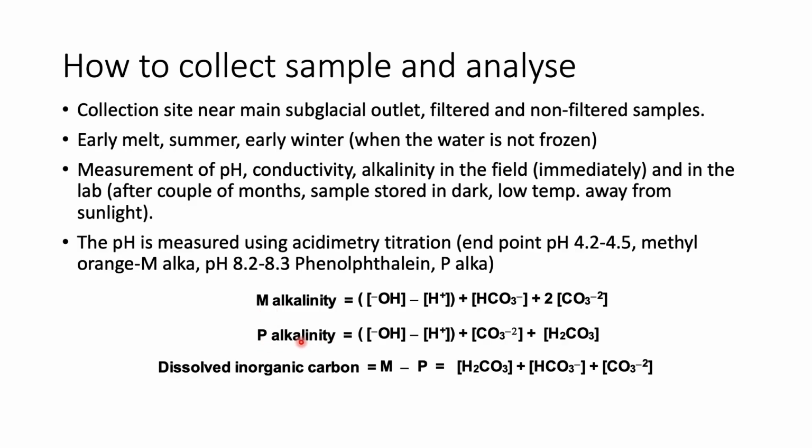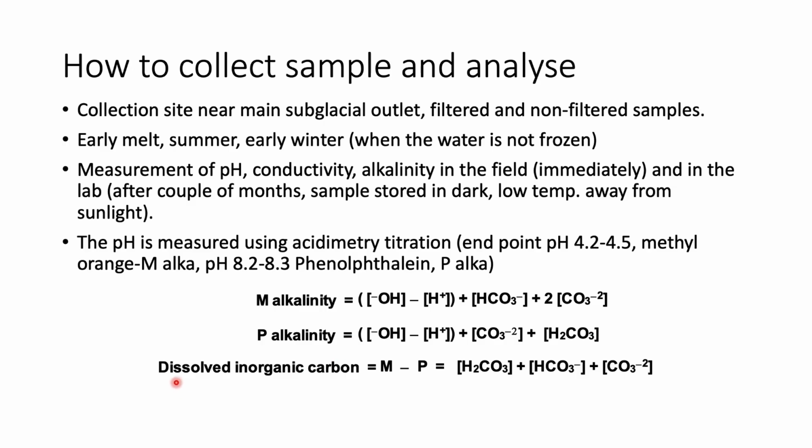When we talk about P-alkalinity, that is phenolphthalein alkalinity at pH 8.2 to 8.3, it comprises hydroxide ion concentration, carbonate concentration, and carbonic acid that is present. This is the equation given for P-alkalinity.